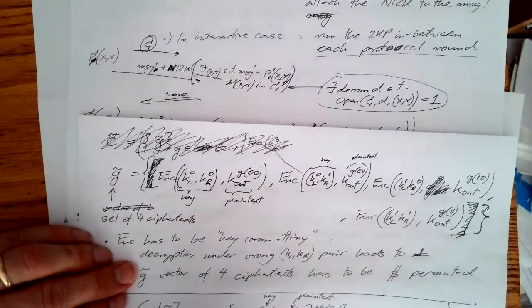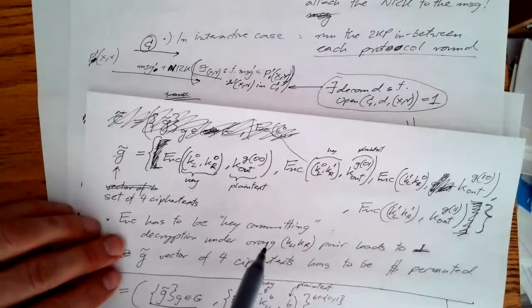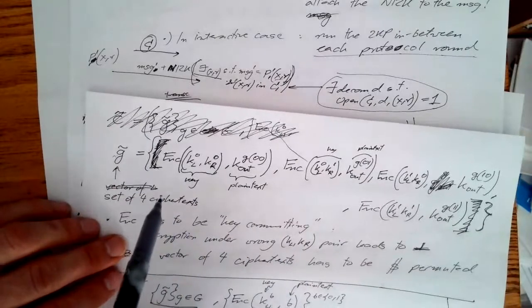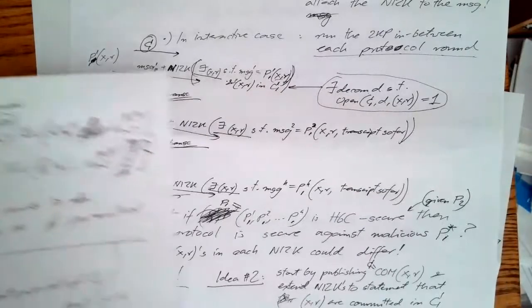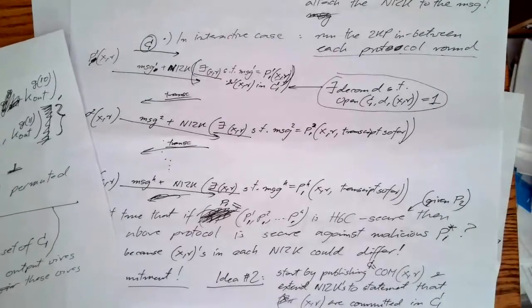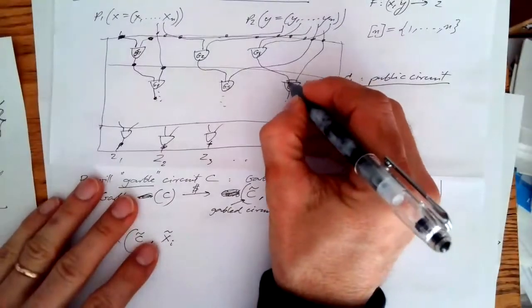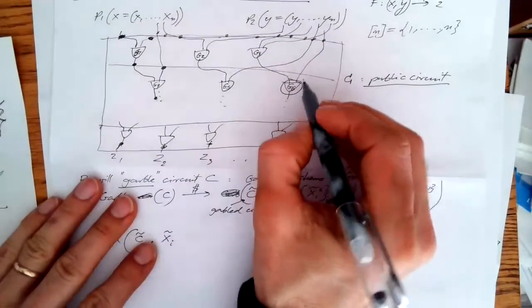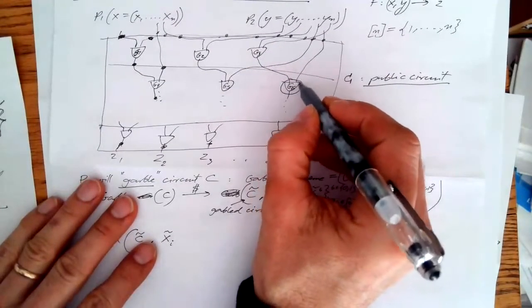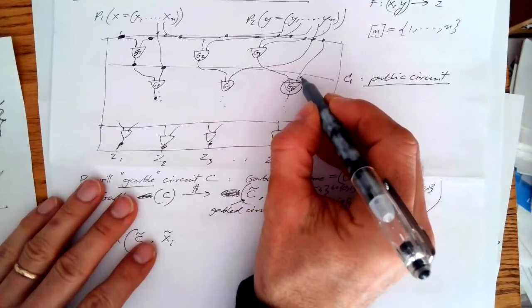Unfortunately, that doesn't work, because in a circuitry, P2 gets to some gate with a wire.